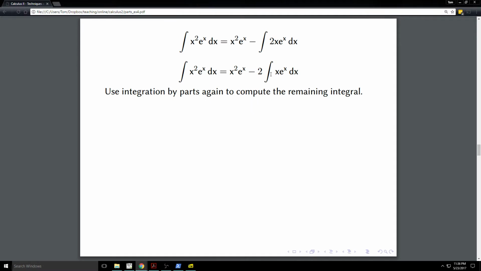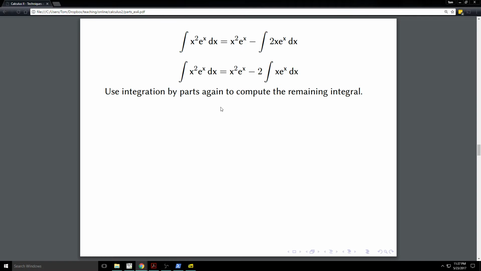And now, how do I compute the integral of x e to the x? Well, that was pretty much the first example that we did back when we introduced integration by parts in that video, and so we have to use integration by parts again. So sometimes, with some functions, you will have to repeatedly use integration by parts in order to completely integrate the function.